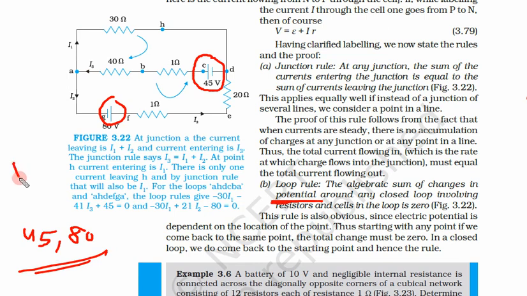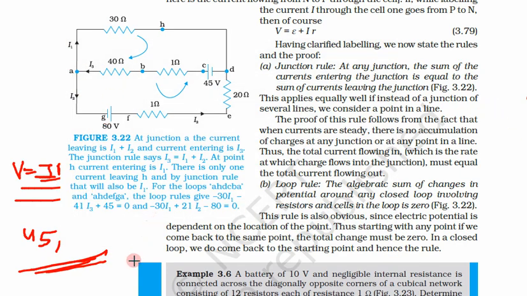Potential drop across any resistor is simply current multiplied by resistance. So for resistances we will multiply current and resistance. For batteries we will simply mark directly 80, 40 or whatever the voltage is given.